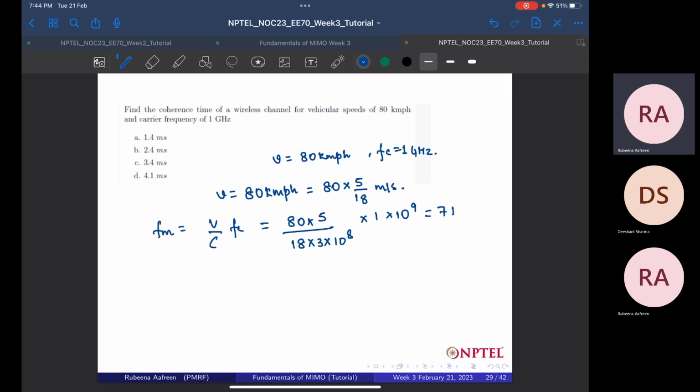I think it will come at around 74 hertz if I'm not wrong. Yes, ma'am, 74. Okay.